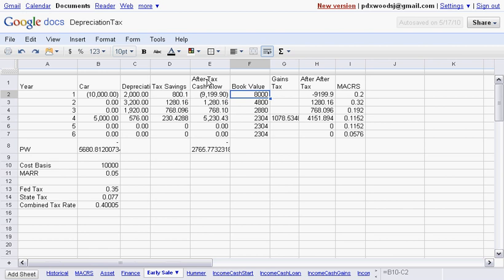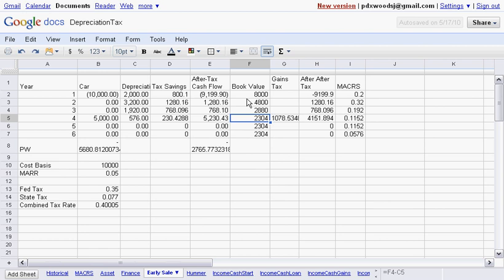Now in the second year there's depreciation of $3,200, the book value after the second year is $4,800, and so on down the line, until you get to that year of sale where you find out that the book value is $2,304. Now note that this book value is different from the amount that we've actually sold the car for. The book value is lower. So what's been going on is that over the past couple of years we've been paying less taxes than we should have.